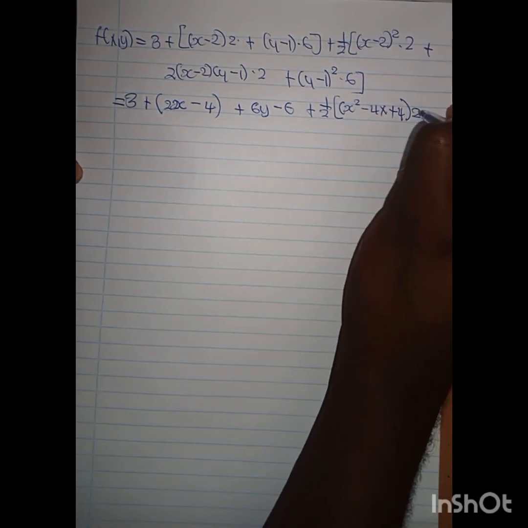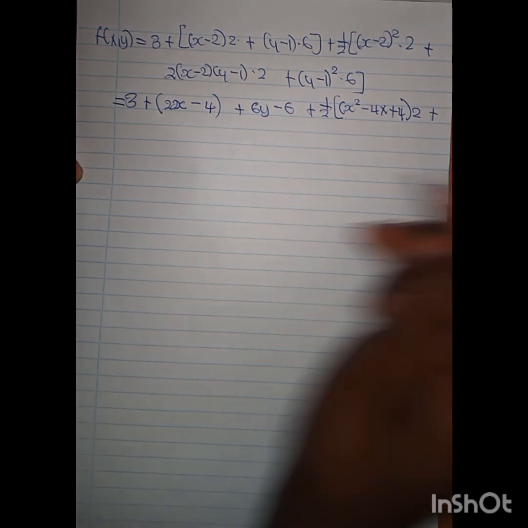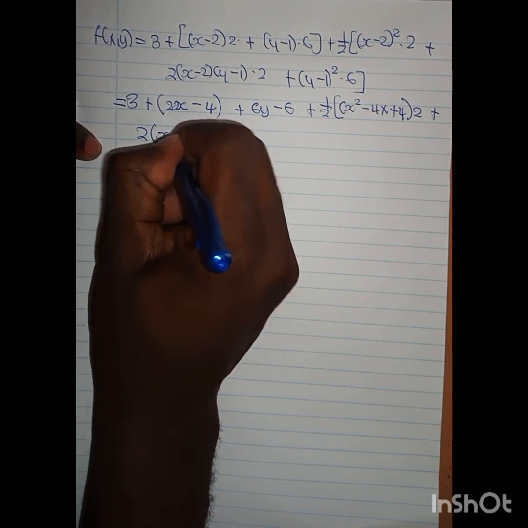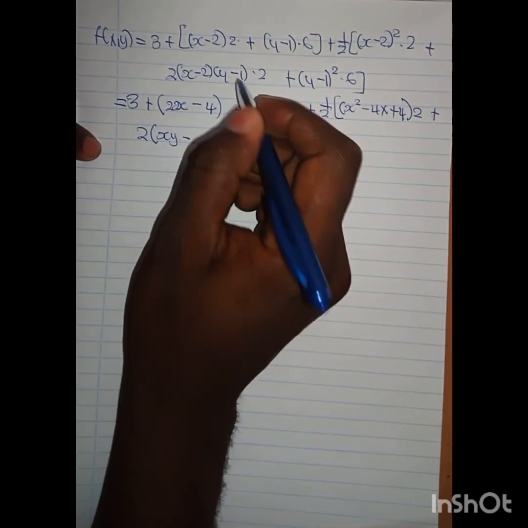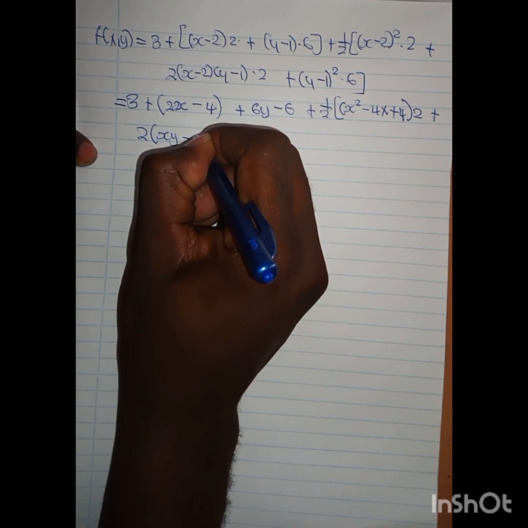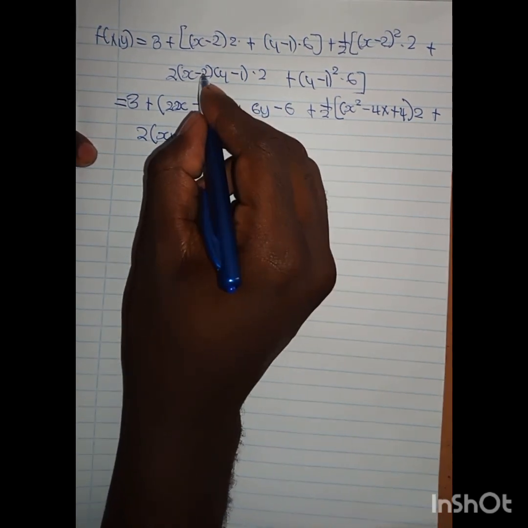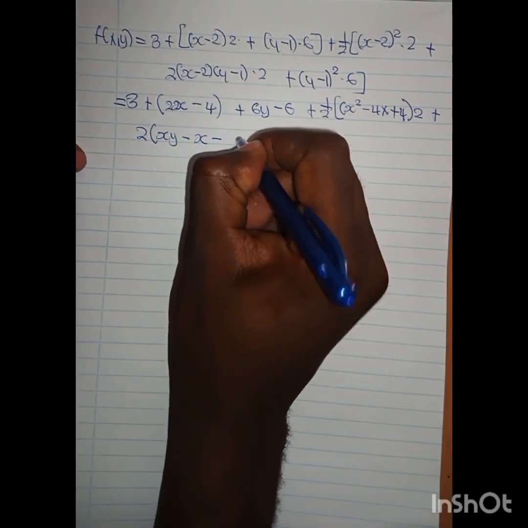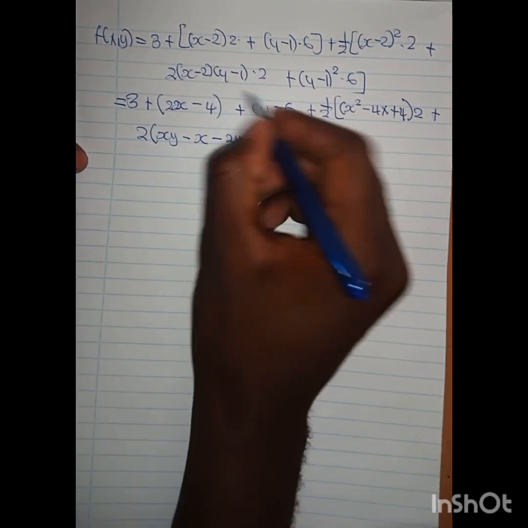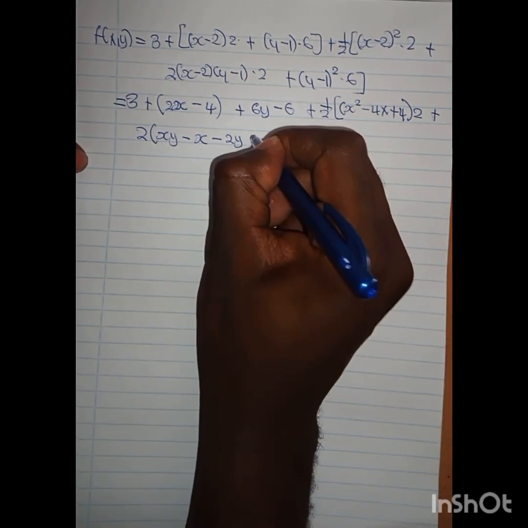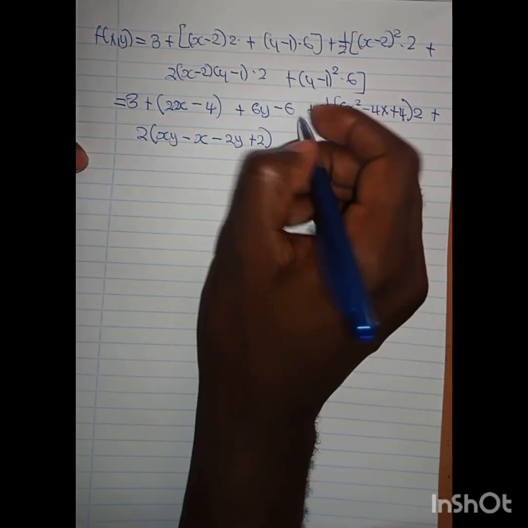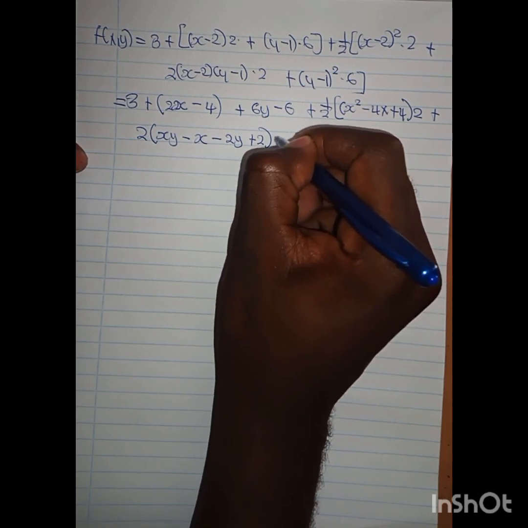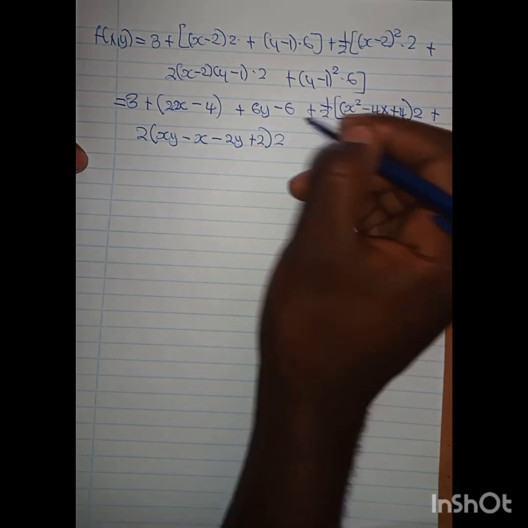So all this is multiplied by 2 plus 2. x multiplied by y is xy. x multiplied by minus 1 is negative x, minus 2 multiplied by y is minus 2y, minus 2 multiplied by minus 1 is a plus 2, and then everything should multiply the 2 outside the bracket.